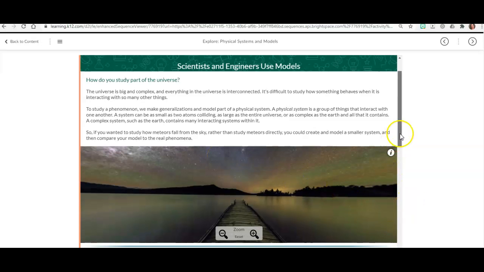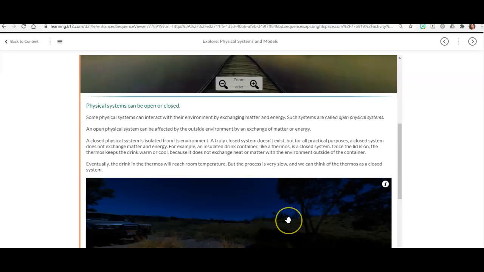Okay, so as we start looking down here, we're getting into physical systems and defining if they are open or closed. So you'll want the definitions written down, and I always find it helpful here as well to list some examples. So some physical systems can interact with their environment by exchanging matter and energy.